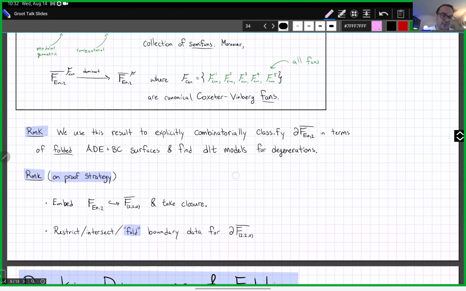And the way the proof works, so I'll say some ingredients that go into this, but the core idea is that you should embed this moduli of Enriques surfaces into some other known, well-understood moduli space and take its closure there. So we want something like a closed immersion into that space of stable pairs. And then you want to pull back the universal family and understand the fibers of that family and understand the Enriques involution on those fibers.